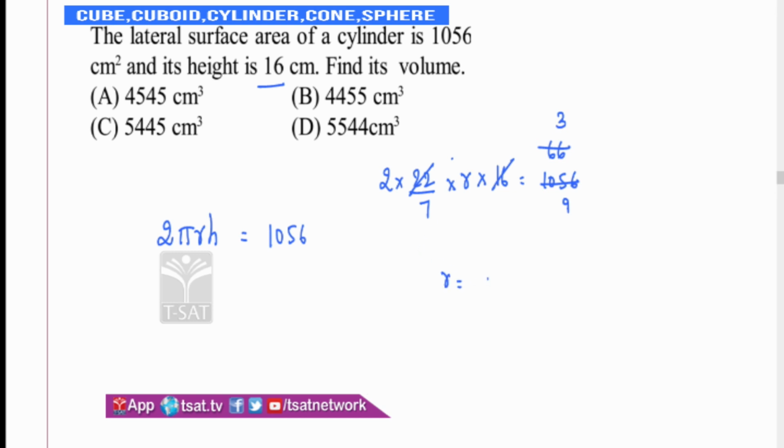Radius is equal to 21 by 2. If radius is 21 by 2, then what is the volume? Volume is 22 by 7, r square, which is 21 by 2 into 21 by 2, height is 16. So I would say 1 4, 1 3.